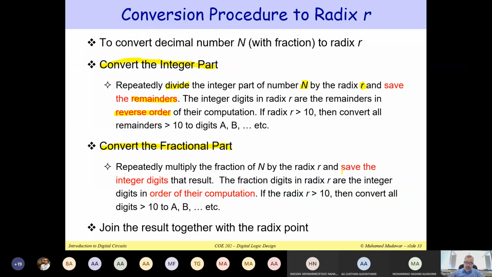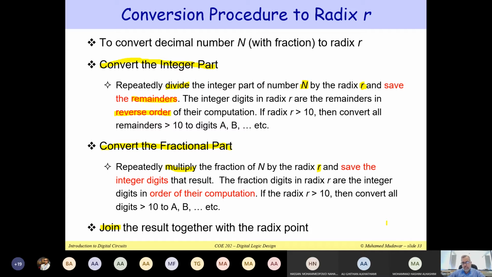In the case of the fractional part, we multiply the fraction by the radix r. If I would like to convert it to binary, I multiply by 2. If I would like to convert it to octal, I multiply by 8, and so on. And then finally, we just join the integer part with the fractional part.